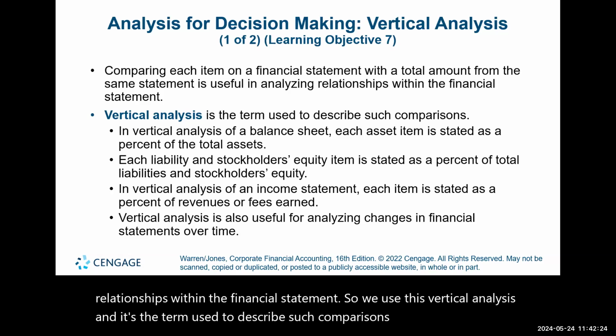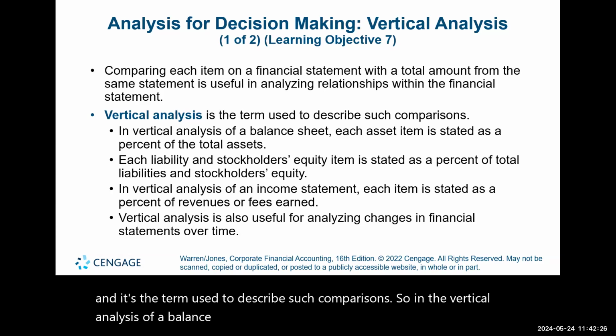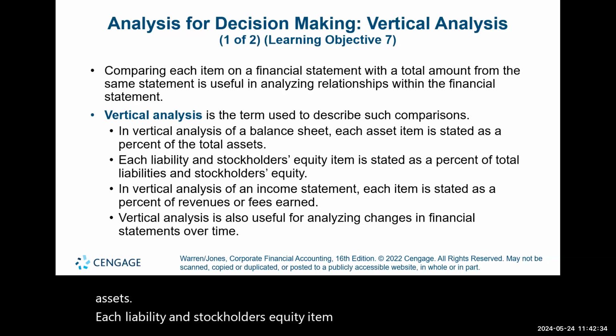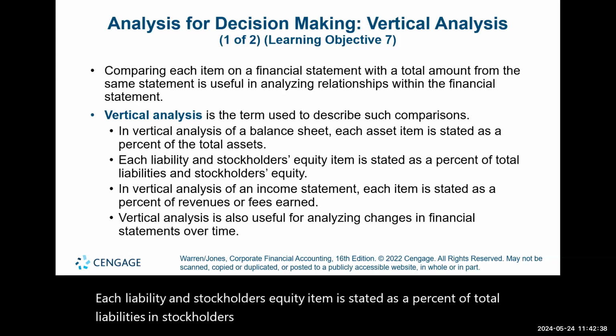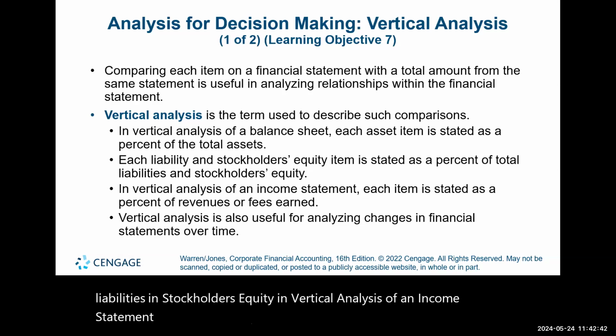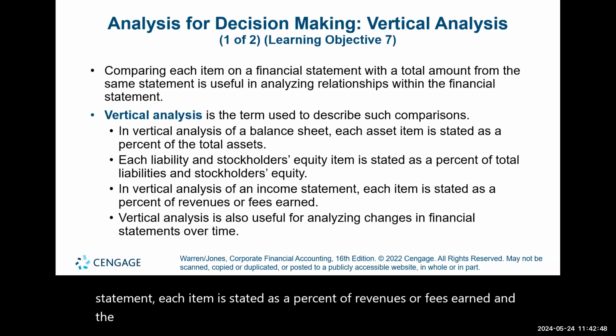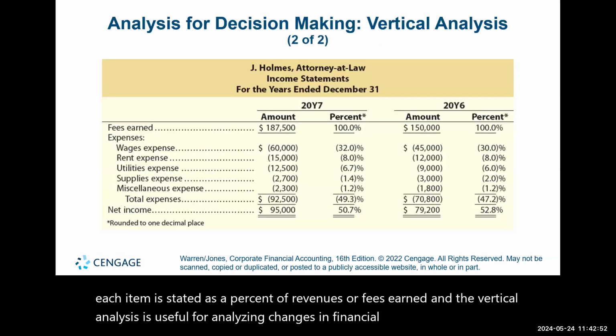So in the vertical analysis of a balance sheet, each asset item is stated as a percent of total assets. Each liability and stockholders' equity item is stated as a percent of total liabilities and stockholders' equity. In vertical analysis of an income statement, each item is stated as a percent of revenues or fees earned. And the vertical analysis is useful for analyzing changes in financial statements over time.